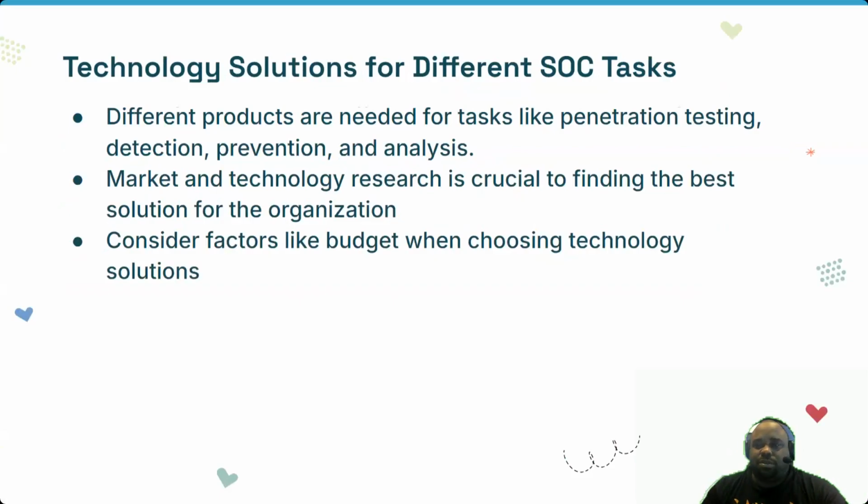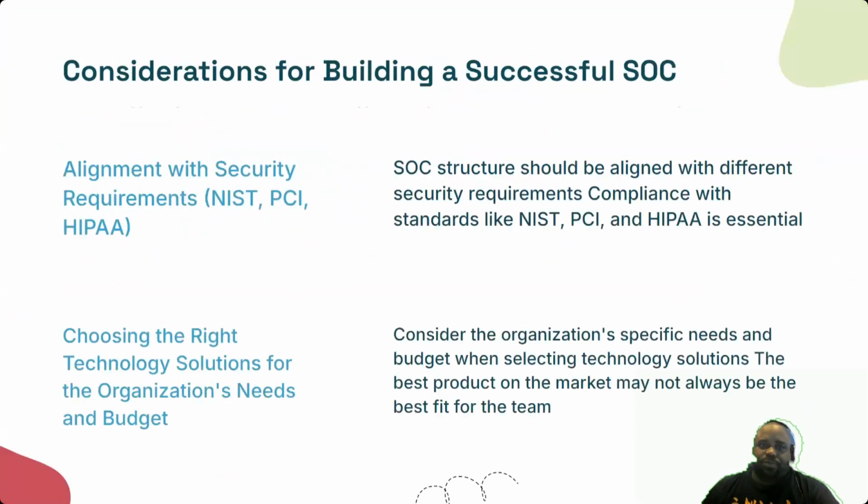In order to choose, if you're involved in this process, the right tech for your environment, you've got to do a little bit of market research, because like I said, there are a lot of products out there, but not every product will fit into your budget, and not every product will be the right solution for your organization. So those are things that need to be accounted for.